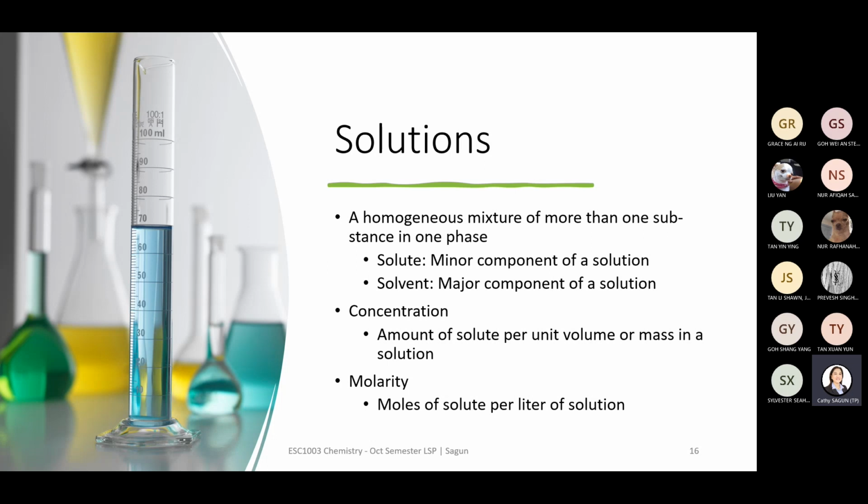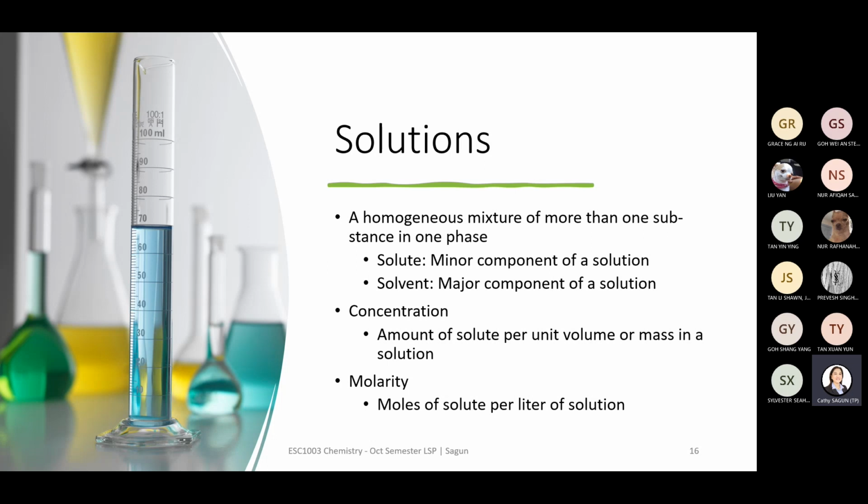That's why the last time when you did the first lab on stoichiometry, remember you have your copper sulfate, magnesium chloride, and the other compounds that you handled last time, and then later on you dissolved them in water as your solvent. Concentration is the amount of solute per unit volume or mass in a solution.